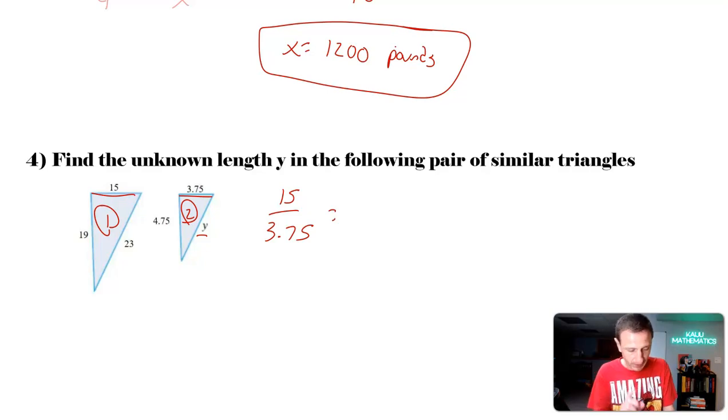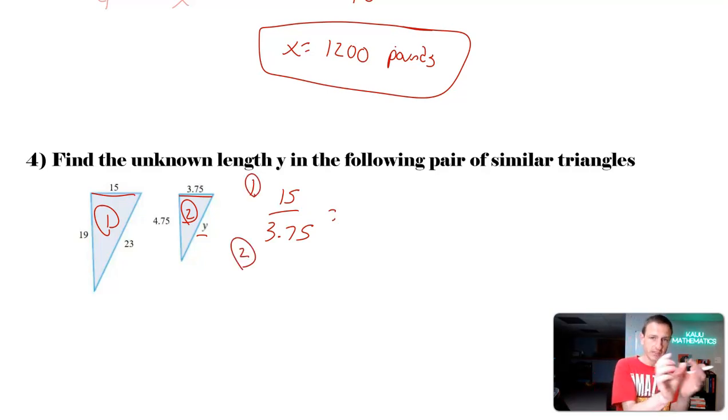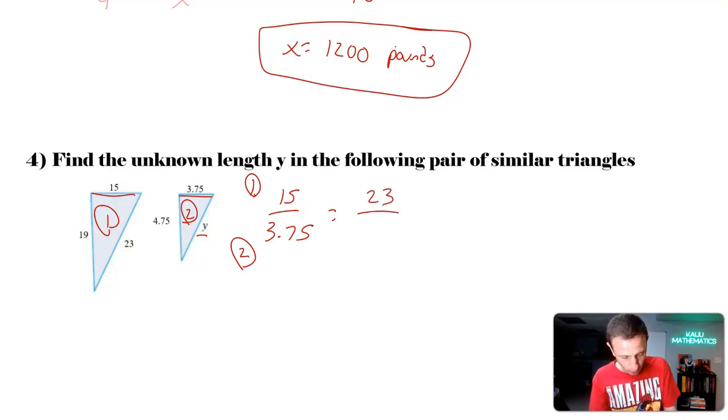Since I went triangle 1 over triangle 2, I have to use the same pair of sides going 1 to 2. So if I went 15 over 3.75, then I have to do 23 over y. The reason I'm choosing side 23 is because that's the equivalent side on this triangle. I wouldn't use 19 and y because those aren't the same equivalent sides.